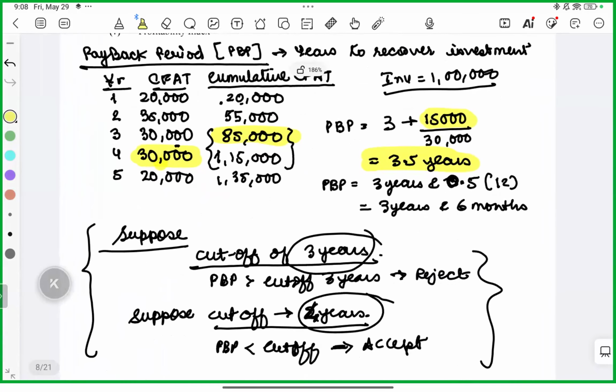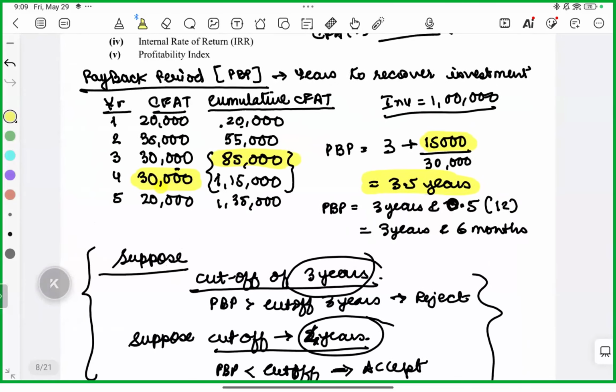Now you see, in this payback period, we have not used the concept of time value of money. We have not used discounting or compounding, or we have assumed that all future cash flows have the same value. But we have seen in the previous class that time value of money exists and you cannot assign the same value to cash flows received in different time periods.